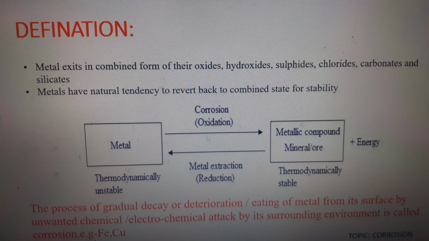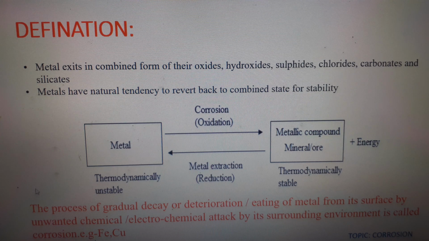While coming back to the ground state, there will be a release of certain energy, and this occurs during the process of oxidation. So we can say the metal goes from its high energy state to its lower energy state, and the metal will be more stable when it is in its ground state or the lower energy level state.